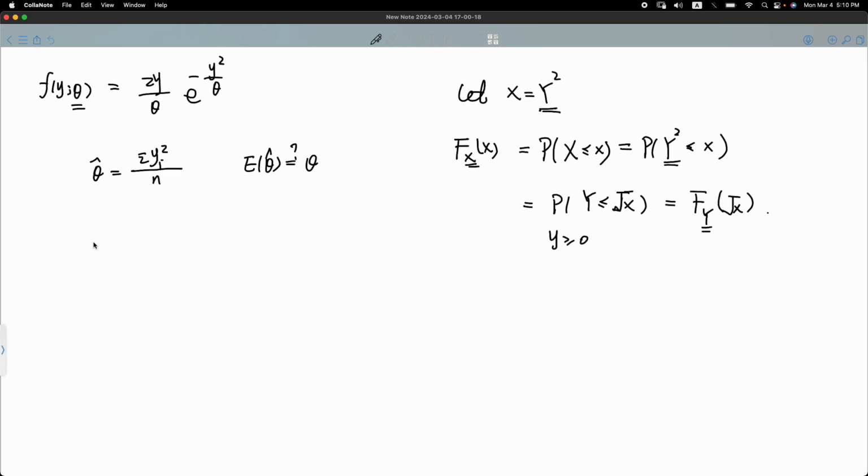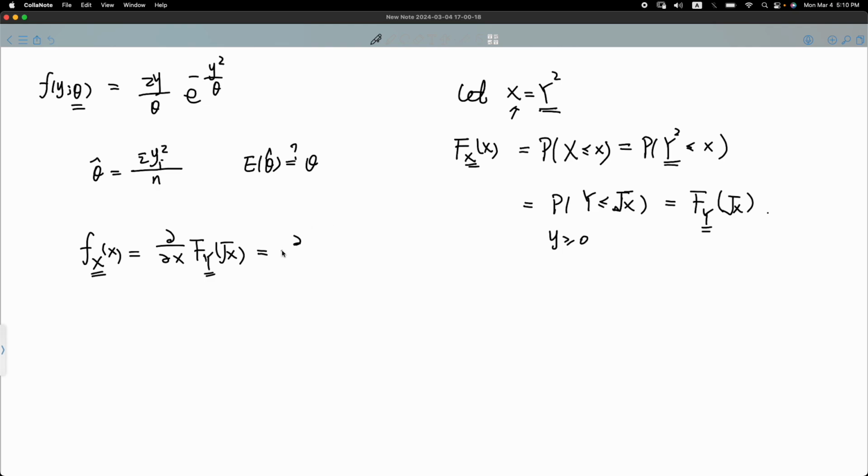Now we're interested in the PDF for the random variable X, which can be found by taking the derivative with respect to x of the CDF of random variable Y evaluated at the square root of x. Here we just need to apply the chain rule.